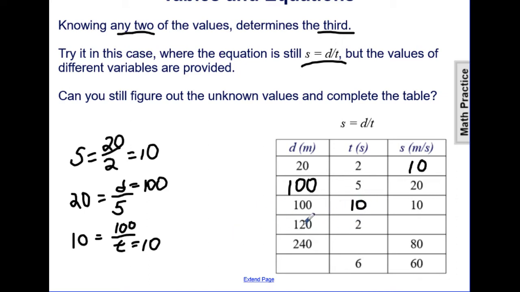For the fourth row, we're given the distance and the time, but not the speed. Similar to the first row, speed equals distance, 120, over time, 2. So that simplifies to 60.